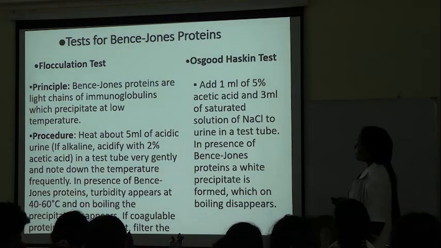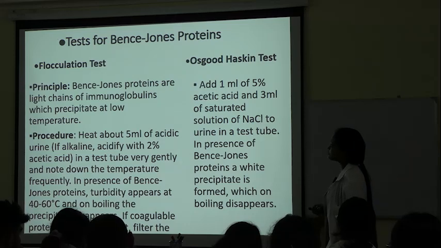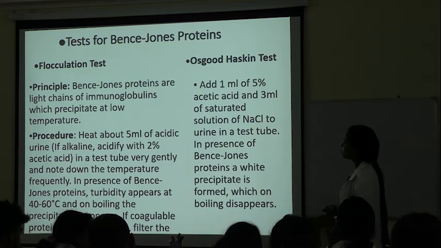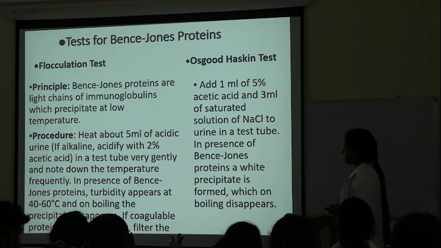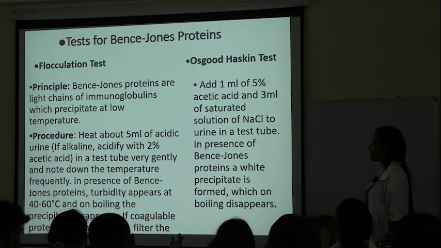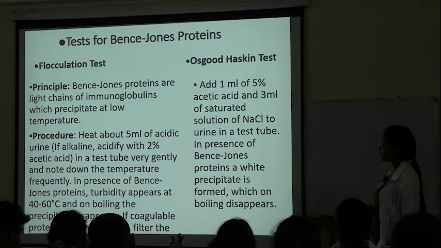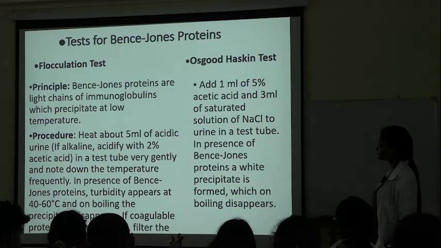The test for Bence-Jones protein is the flocculation test. The principle is Bence-Jones proteins are light chains of immunoglobulins which precipitate at low temperature. Heat about 5 ml of acidic urine. If alkaline, acidify with 2% acetic acid in a test tube very gently and note down the temperature frequently.